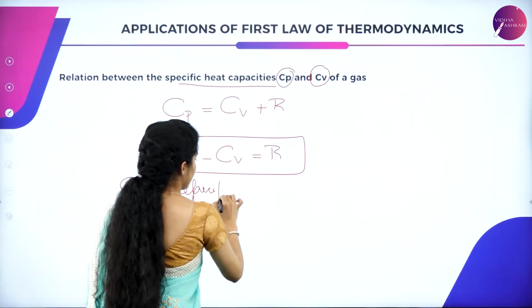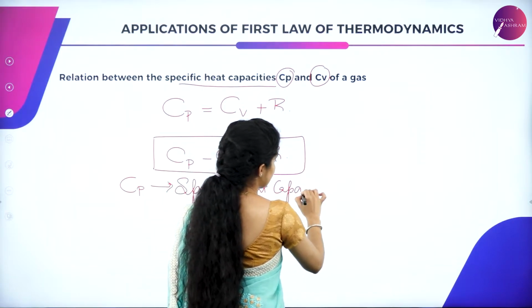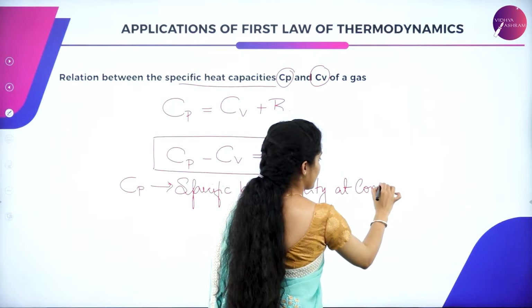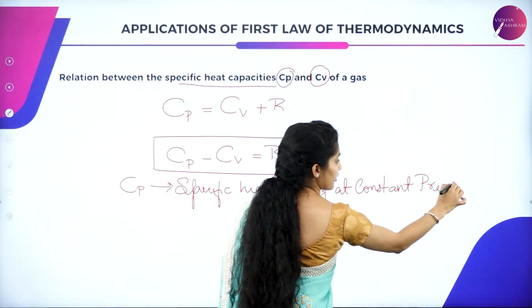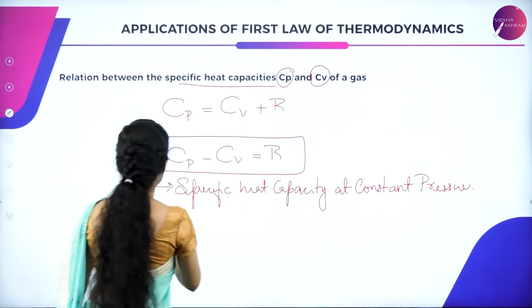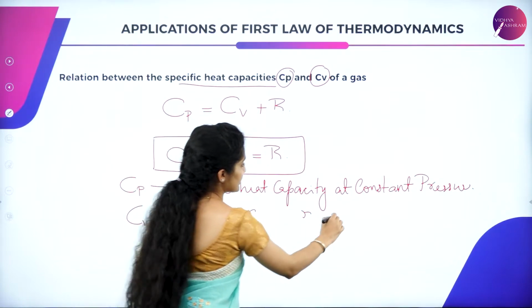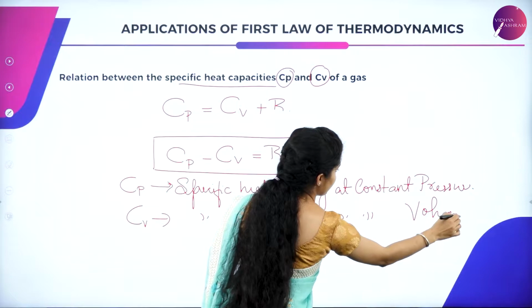You can write this as, where Cp is specific heat capacity at constant pressure, and Cv is specific heat capacity at constant volume.